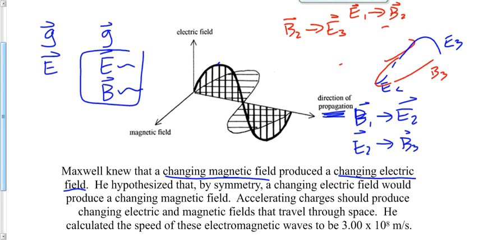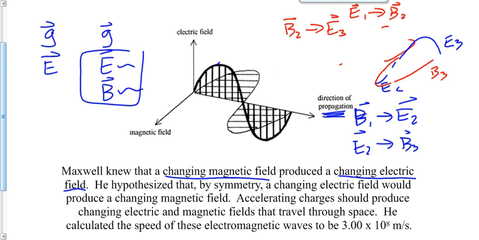So the wave isn't just sitting there where it was produced by the accelerating charge. The wave ends up moving over here as a result of this constant circular thing where magnetic fields produce electric fields and electric fields produce magnetic fields. Make a little bit of sense?